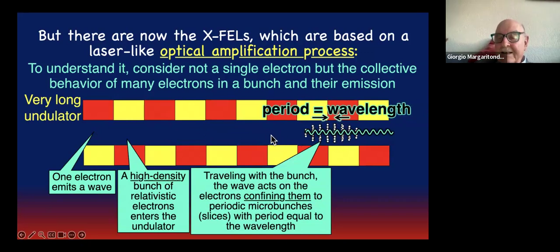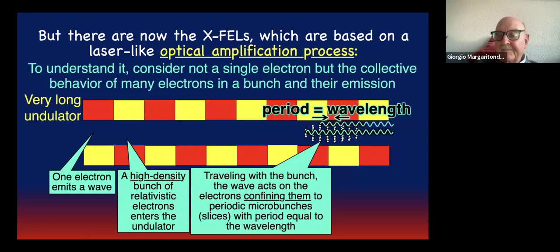So there is a confinement of electrons into these micro bunches that have a period equal to the wavelength. And now look at the emission from the electrons that are not distributed in the entire bunch, but confined to the micro bunches.